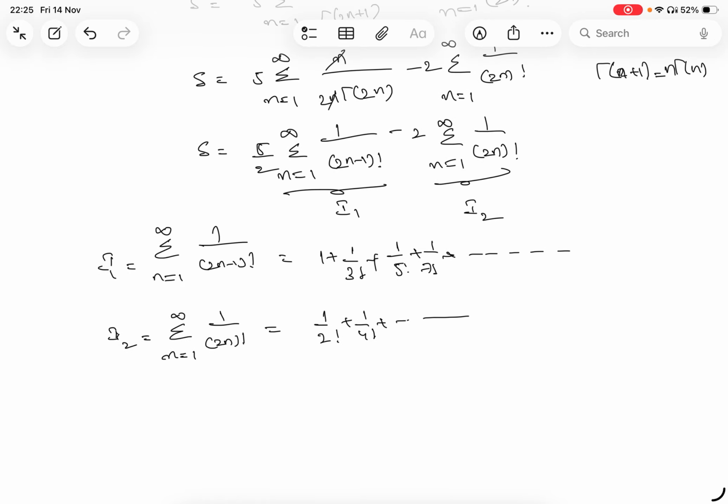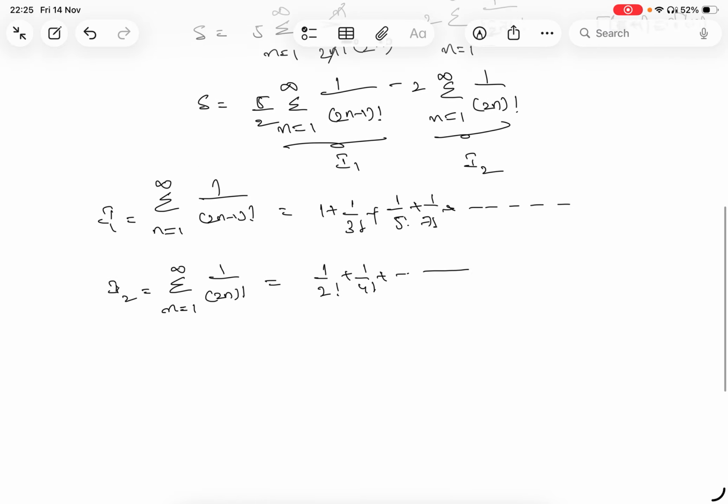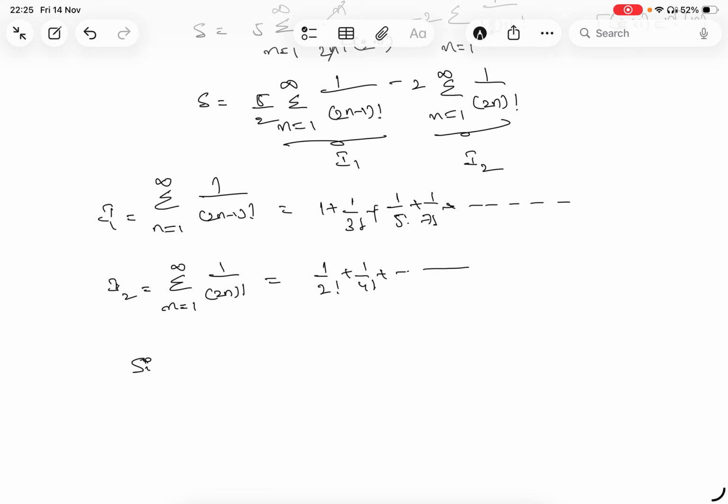Now this looks like sine and hyperbolic functions, right? Let's write it down: sinh x is x plus x cubed by 3 factorial plus x power 5 by 5 factorial plus x power 7 by 7 factorial and so on. Fine.